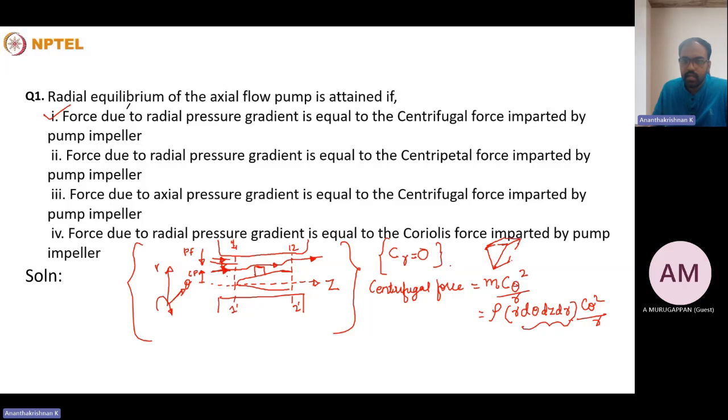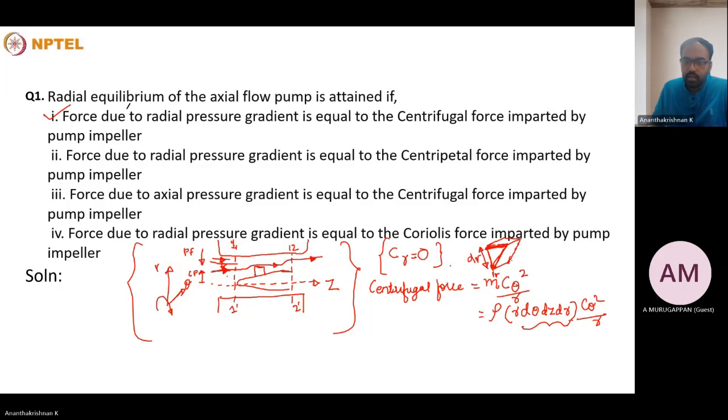So this is the center, and as it moves outwards, its area increases. So take this control volume, which is at a distance of r from the center of the pump impeller.